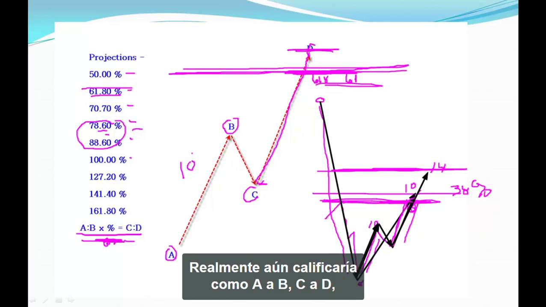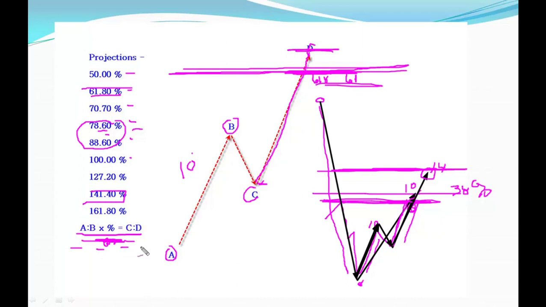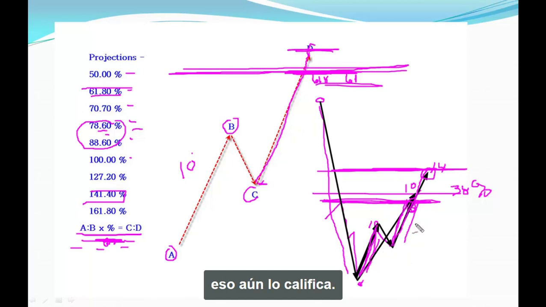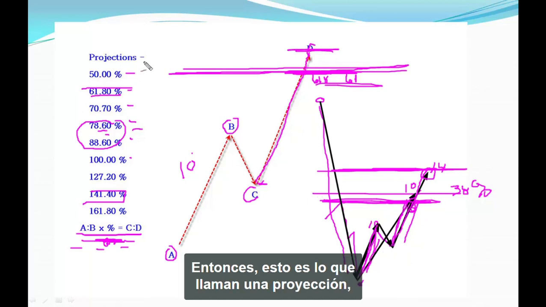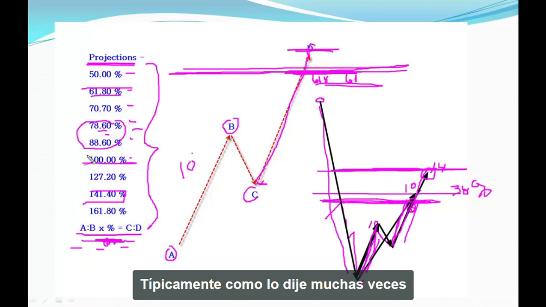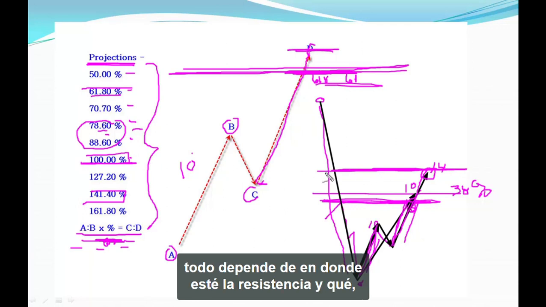It would still actually qualify as A to B, C to D, but it would be A to B times 141% equals C to D. So although this swing up is much larger than this first swing down off the low, that still qualifies it. So this is what they call a projection. Typically, as I said, a lot of times you'll see that as 100%. Sometimes it falls short, sometimes it's further. It all depends where resistance is and what.